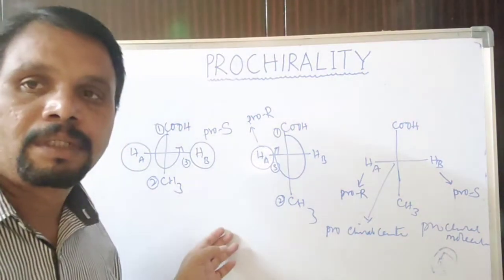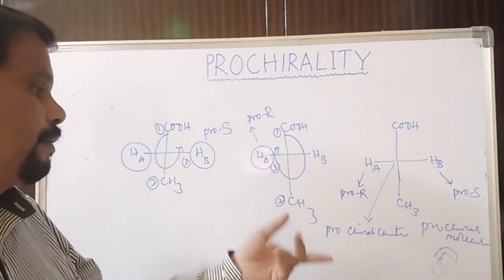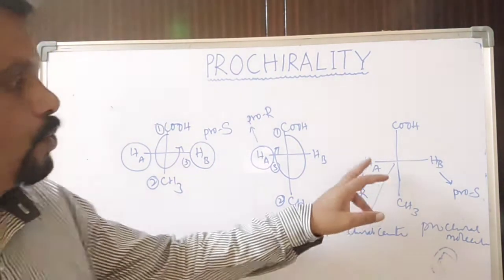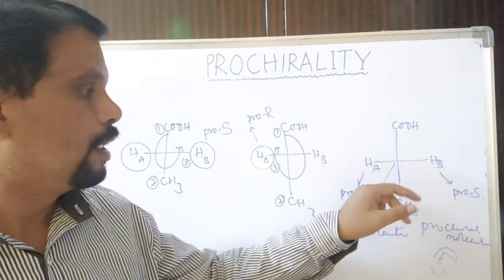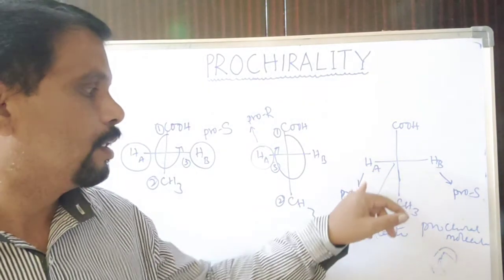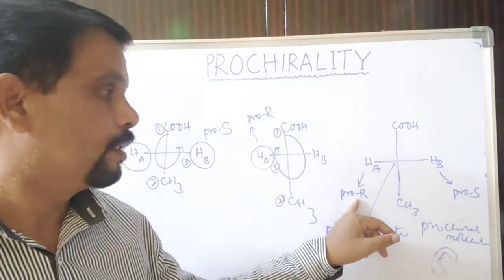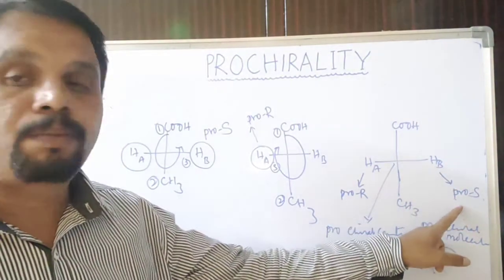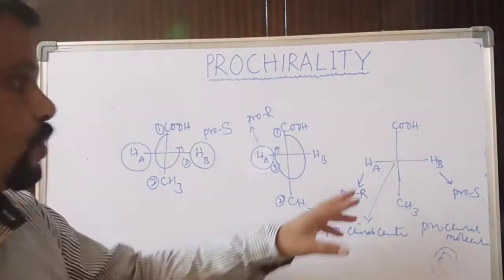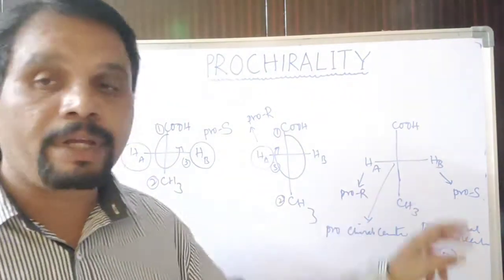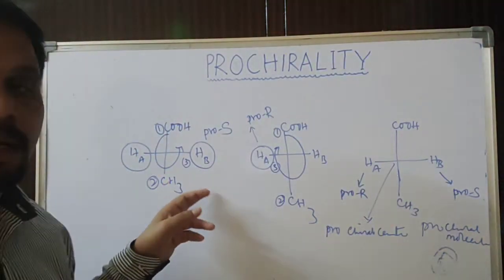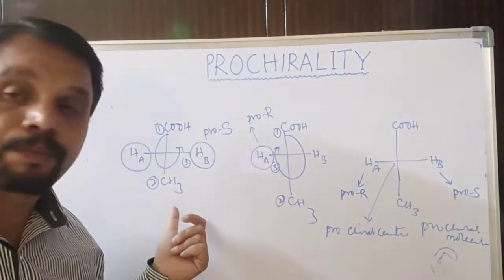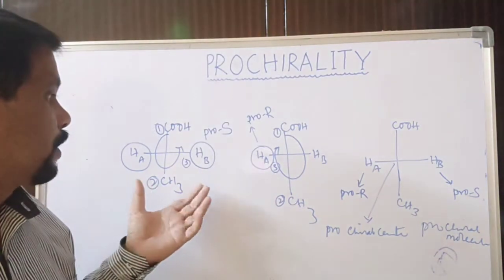These two are stereoheterotopic units, and this unit gets Pro R notation, and this stereoheterotopic unit gets Pro S notation. So how can we decide Pro R, Pro S? Based on the Ingold-Prelog method, okay.